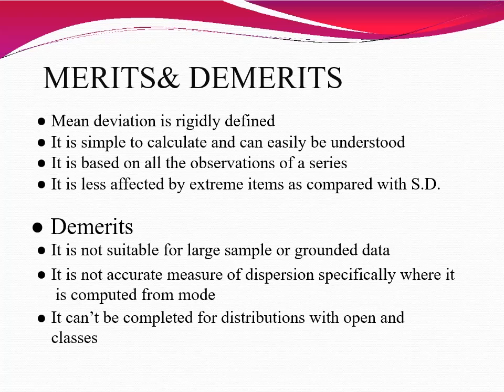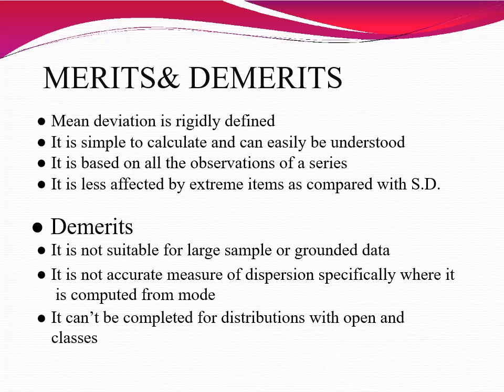In the case of mean deviation, it takes into consideration all the items and gives weight to deviations too, and it is less affected by the extreme items as compared with the standard deviation. We have not yet dealt with standard deviation. When we deal with it, we will understand the statement much better.